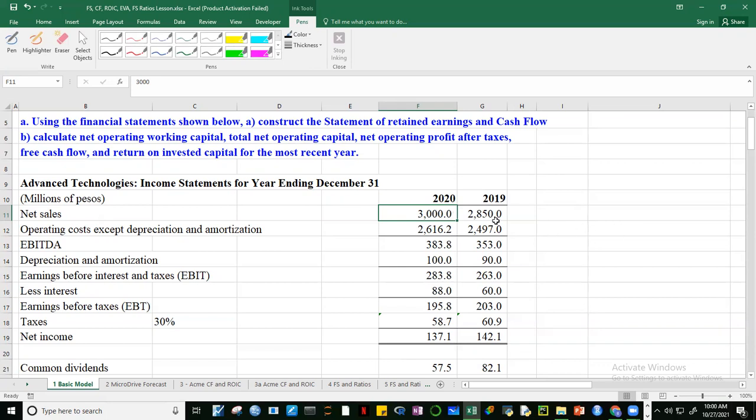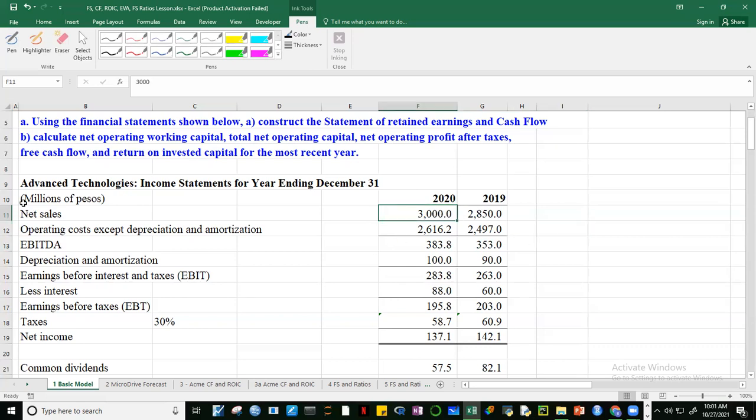So if we add 6 zeros, it's 3 trillion? Am I correct? No, this is 3 billion, not trillion. Okay, I stand corrected, guys. This is 3 billion.